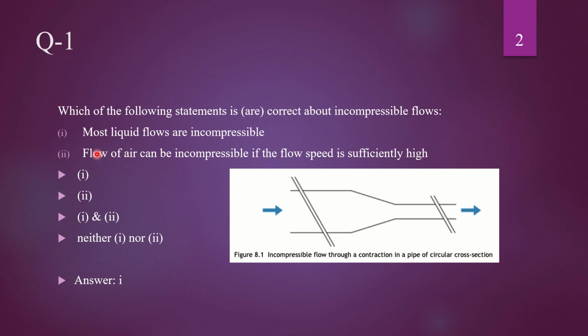So the statement is false. Only the first statement is correct, so the answer is option 1. The second statement can be modified as: flow of air can be incompressible if the flow speed is sufficiently low. Only in such cases can we say it is incompressible flow.